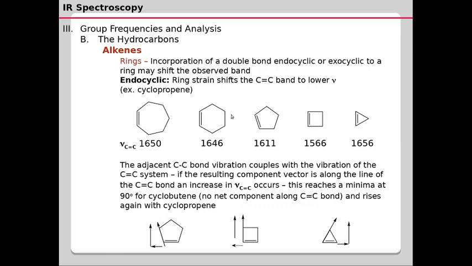So this ring strain can shift the carbon-carbon double bond stretching frequency, and you shall be seeing a trend here. When we go from cycloheptene all the way up to cyclopentene, the vibrational frequency decreases. But still these vibrational frequencies are quite large compared to the vibrational frequency of cyclobutene.